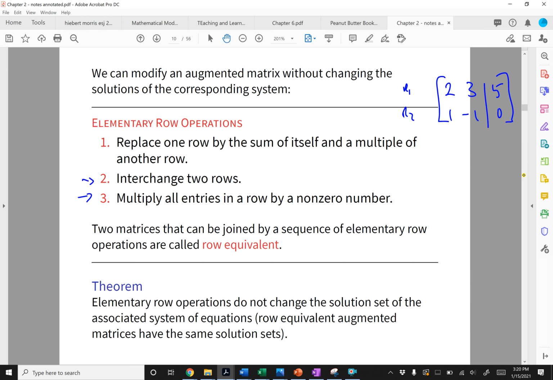I'm going to take this first row and replace it with row 1 plus negative 2 times row 2. So I'm going to multiply row 2 by a negative 2 and then add.